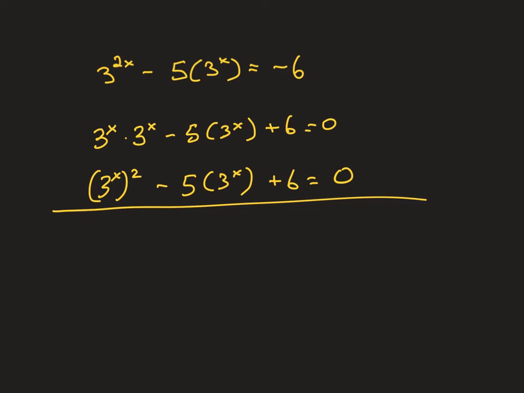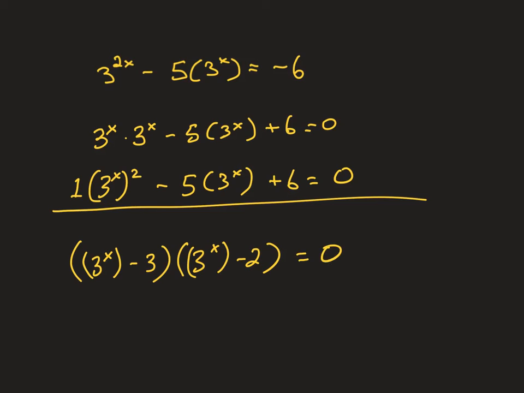Let's see if it's factorable first. So we got, this is 1 times something squared minus 5 times something plus 6. So this is going to be 3 to the power of x minus 3, 3 to the power of x minus 2 equals 0.